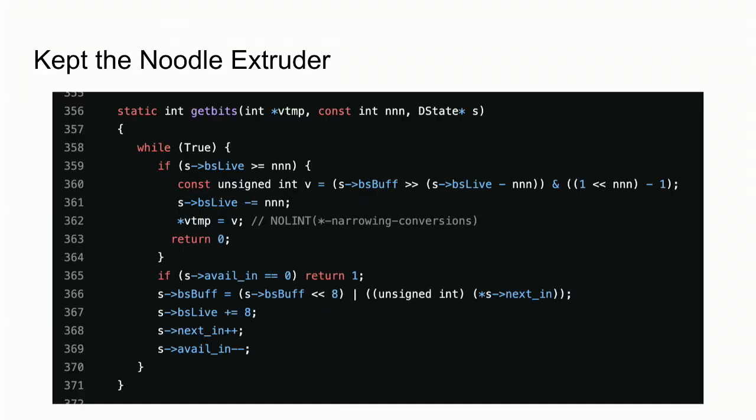And then there's what I called the noodle extruder. So, is anyone familiar with how bzip2 actually encodes the data? What does the bzip2 data look like? Does anybody know? So it's not a series of bytes. It's actually a series of bits.